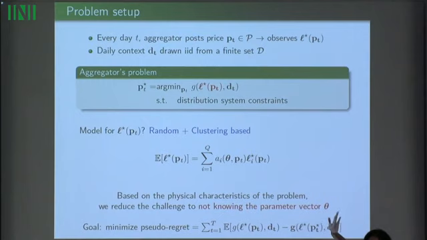I know everything about this problem. However, I don't know the parameter theta. And so what I'm trying to minimize is my aggregate difference, or regret, that I incur at each time instant t from not knowing the parameter theta, right? So that's what this difference is, essentially.